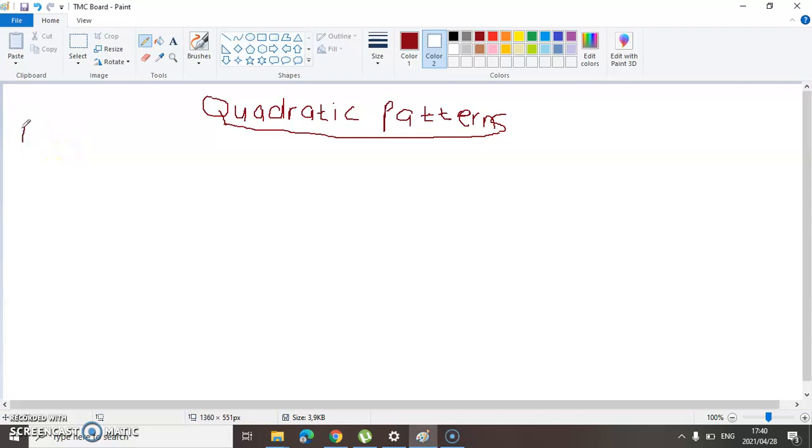Find the general term of the following sequence.